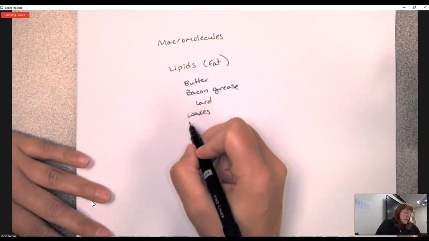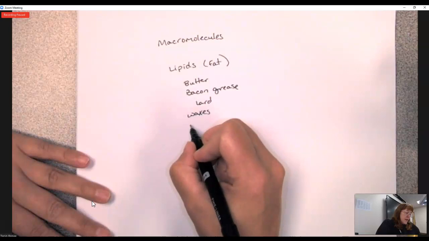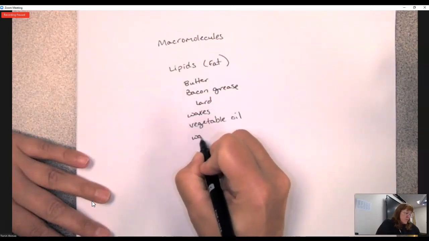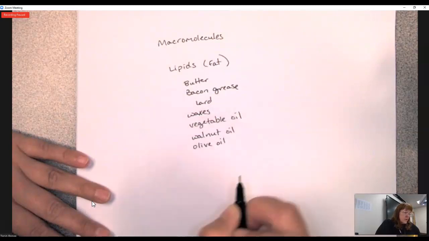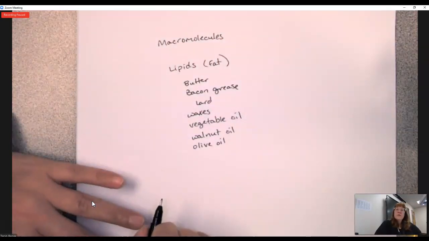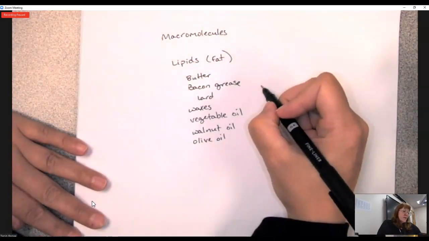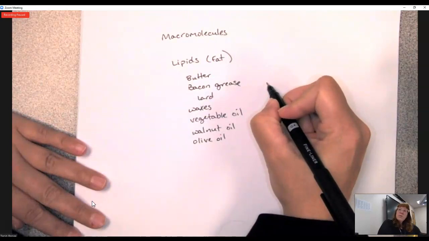And then some liquid at room temperature things like vegetable oil, walnut oil, olive oil, all those oils are also lipids. So the property of lipids is that it does not get along with water at all.